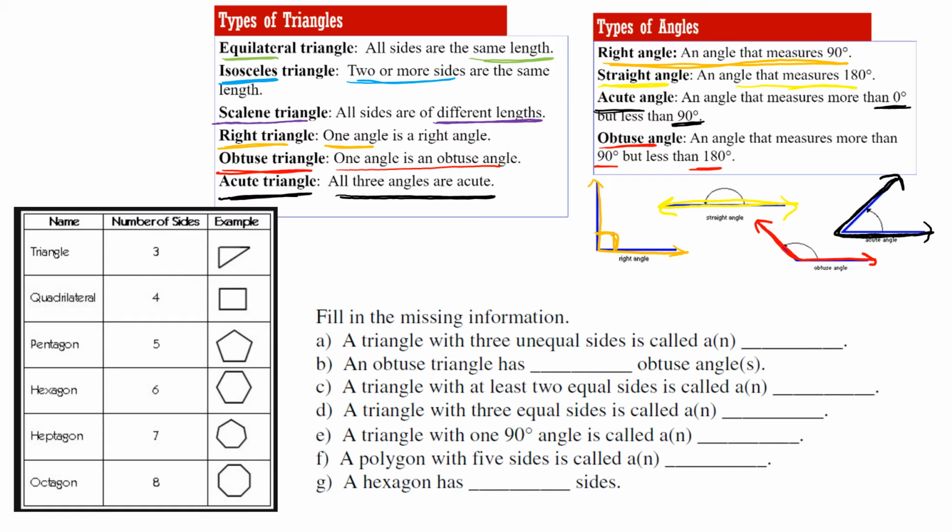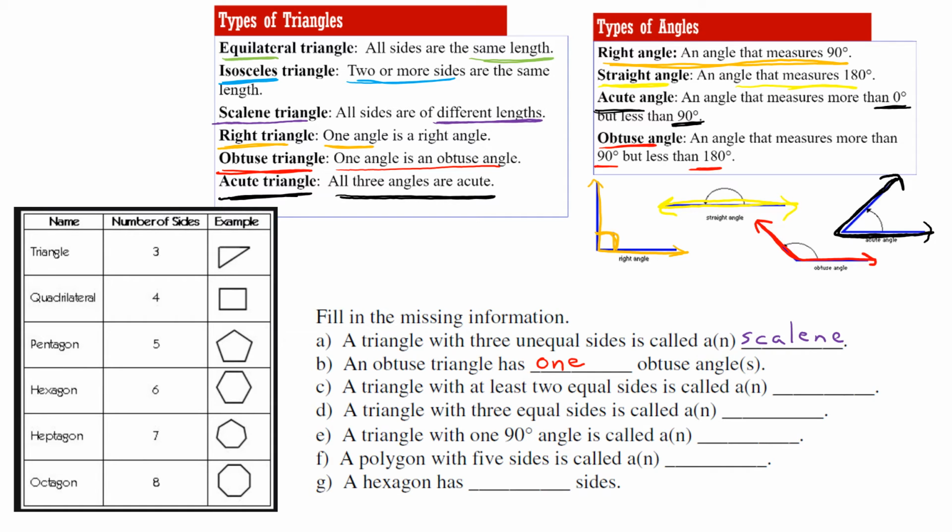So then here, if we're looking at A, fill in the missing information. A triangle with 3 unequal sides, well, that's going to match our definition for a scalene triangle. An obtuse triangle has one obtuse angle, right? We looked at our definition there, one obtuse angle.